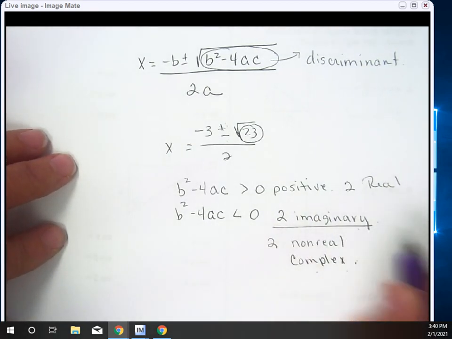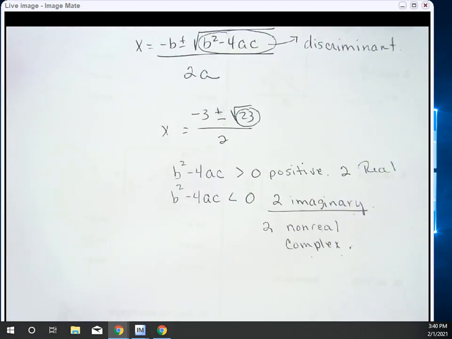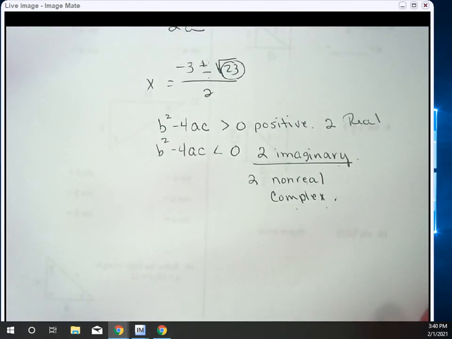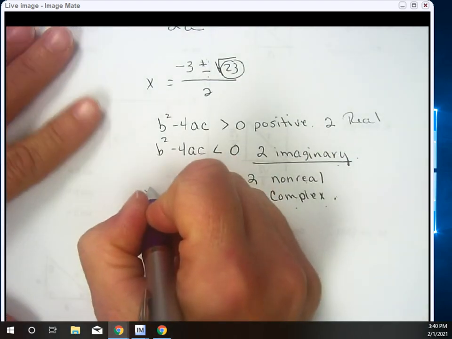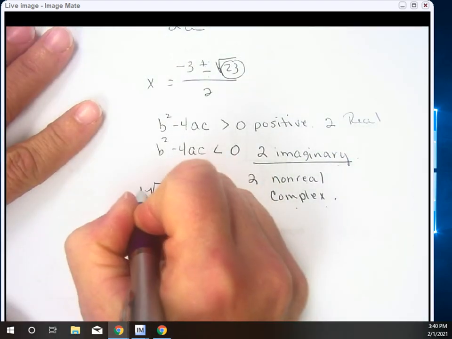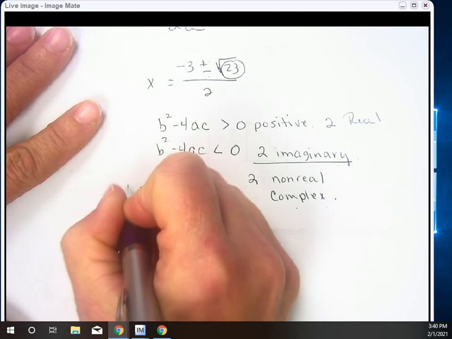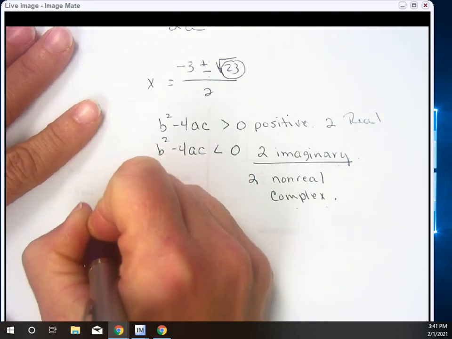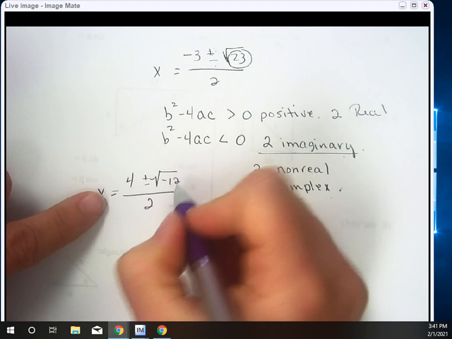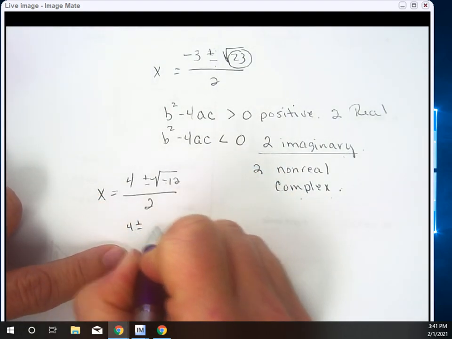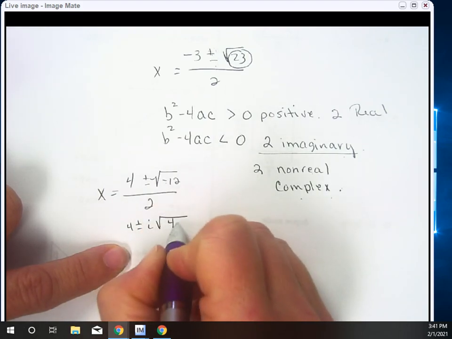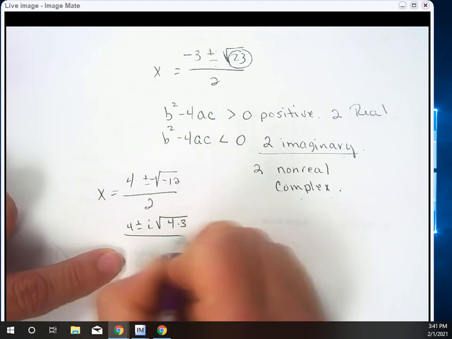Depending on which math you're in, it may depend on what your teacher wants you to call those. They are imaginary numbers. When you look at the square root of negative 12 underneath a radical, we say 4 plus or minus i, and then we have to break down that 12 into 4 times 3.